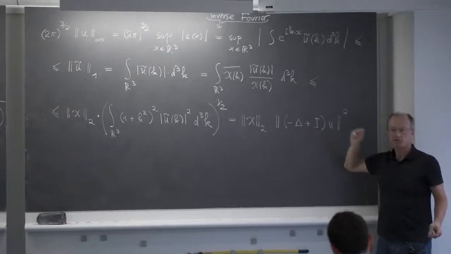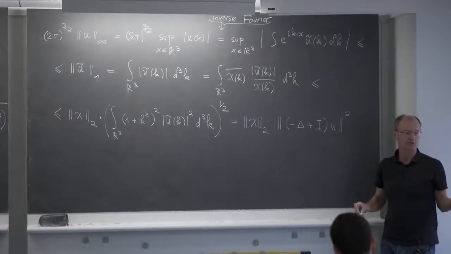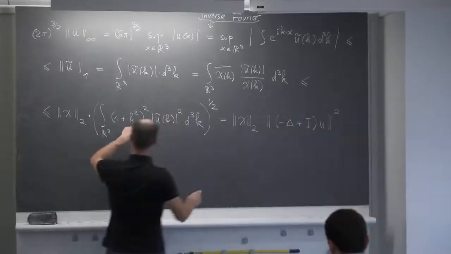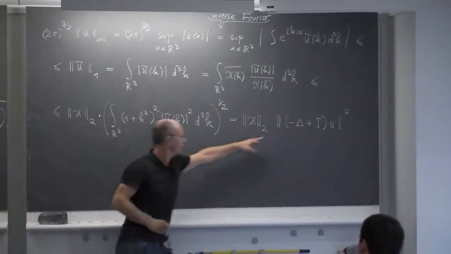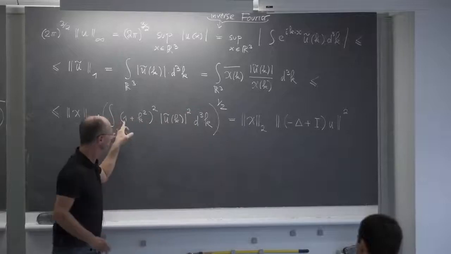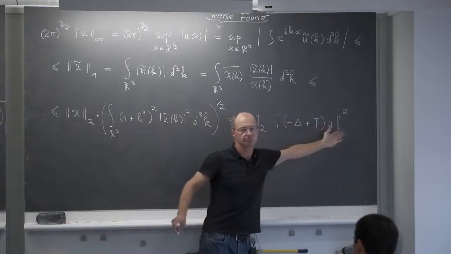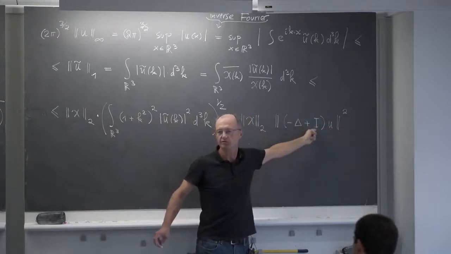Here minus delta is that self-adjoint extension of the Laplacian. Remember that this corresponds to k squared, 1 corresponds to 1. So here it's written in the Fourier transform, here it's written just in this other notation.